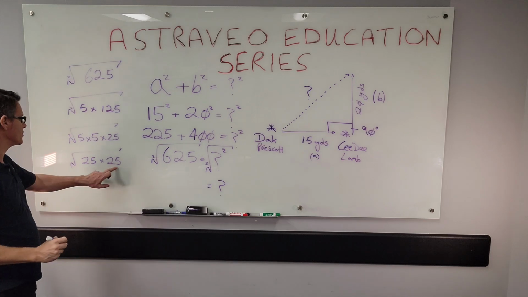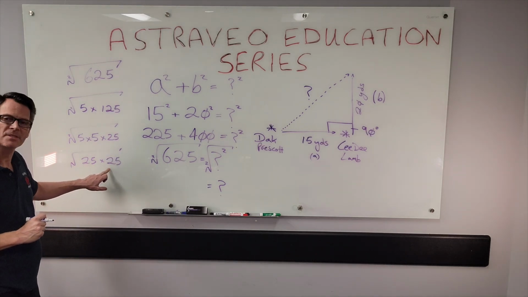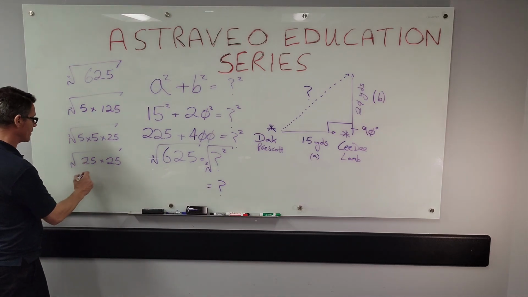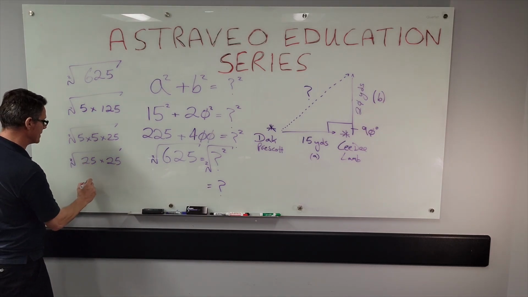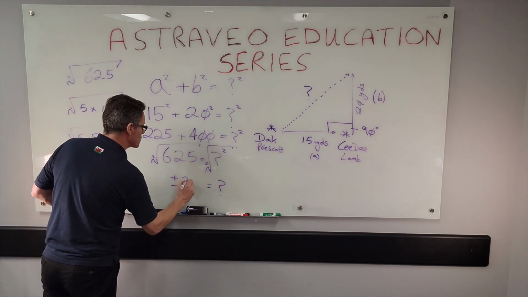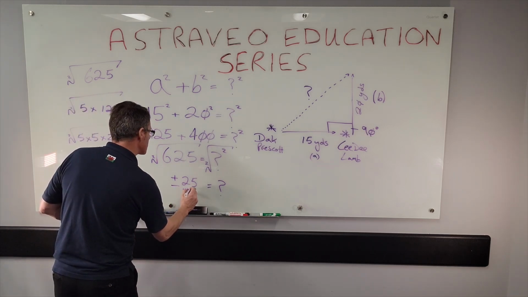A square is just any number times itself. So the square root of any number times itself is just itself. So the square root of 25 times 25 is indeed just 25, plus or minus, of course. So this number here is plus or minus 25, and don't forget our units here, it's yards.